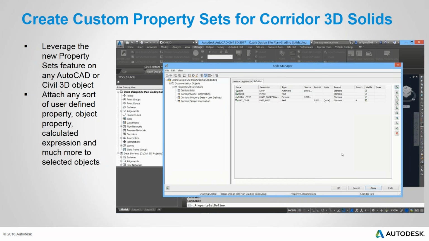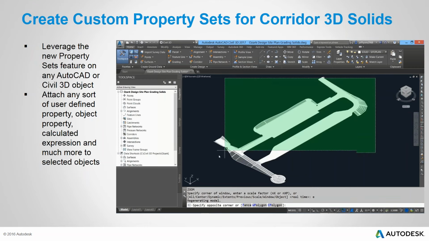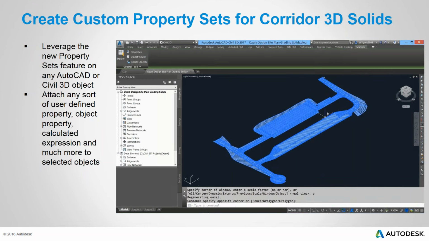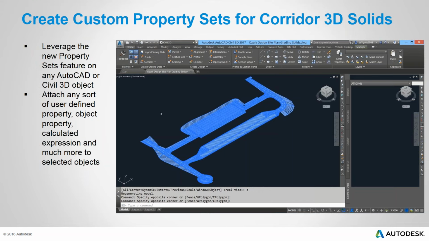We ultimately use this for quantifying the cost. So once you apply, we can then attach these property sets to any of the 3D solids in our drawings. And if you create a new 3D solid, these property sets will automatically be applied and ready for editing.